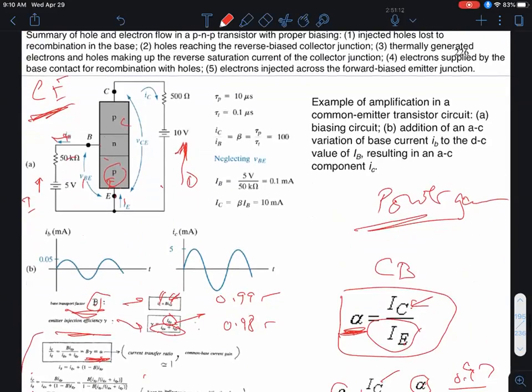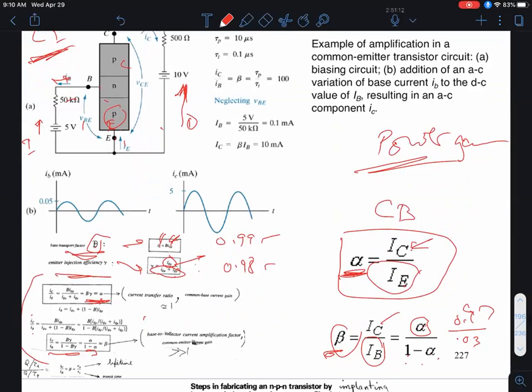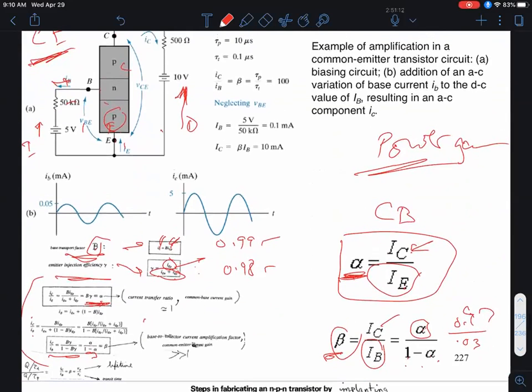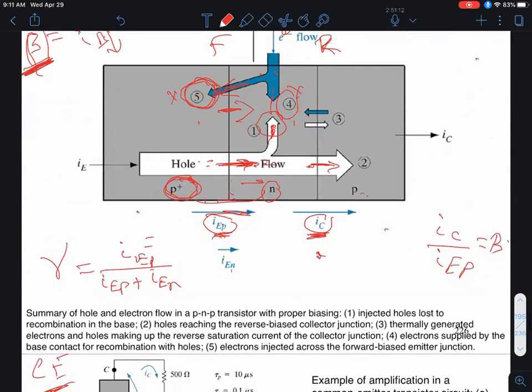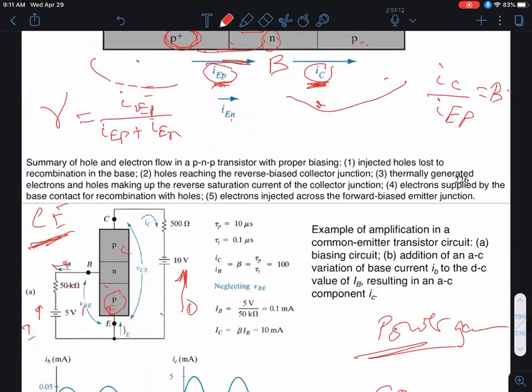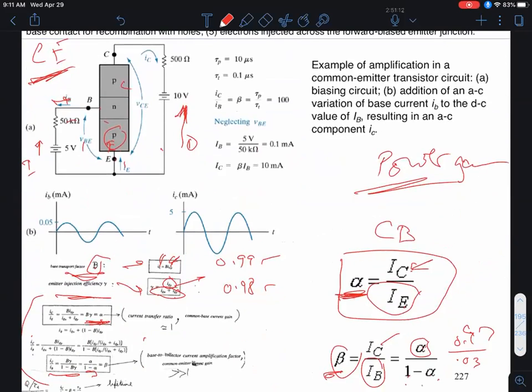So once you have that, then you can define some circuit parameters, which are known as the common base current gain, alpha, which is sort of in this mode of operation where the base is assumed to be common between the input loop and the output loop. It's known as the common base mode. Now, that's generally not a very useful mode because if that's the way I define it, my output current is IC and my input current is IE, okay?